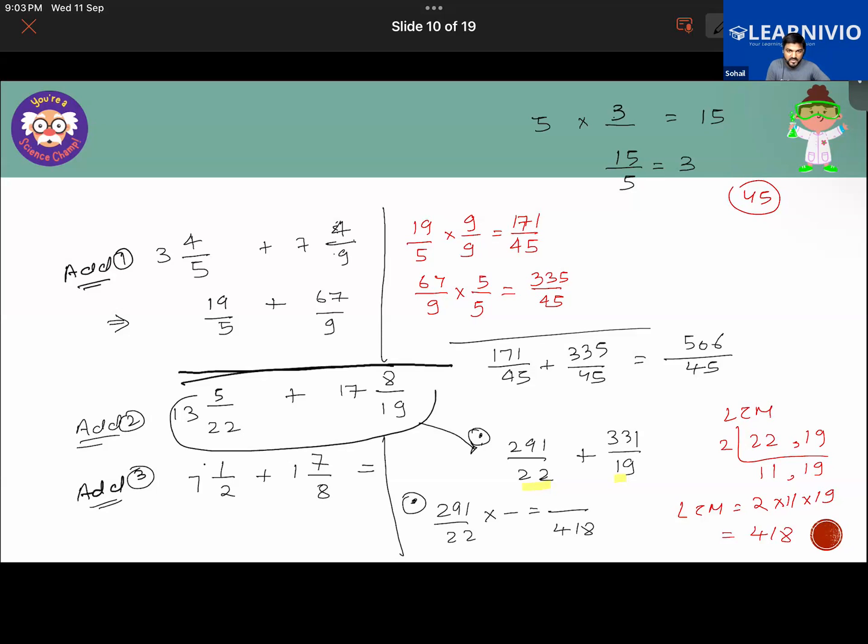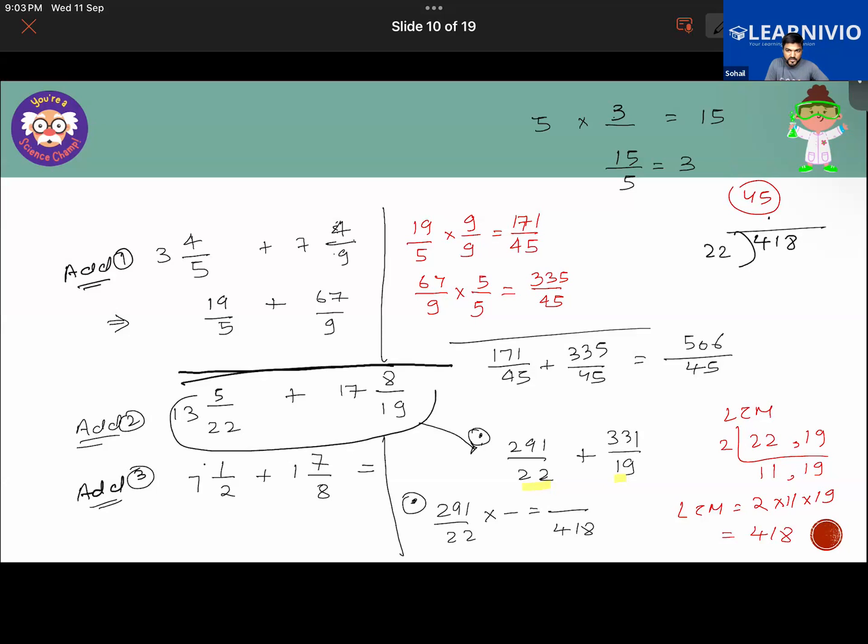Getting the logic, both of you? So similarly, divide 418 by 22 and you will get your answer. In fact, it is very simple. Habib, have you understood what I have said?